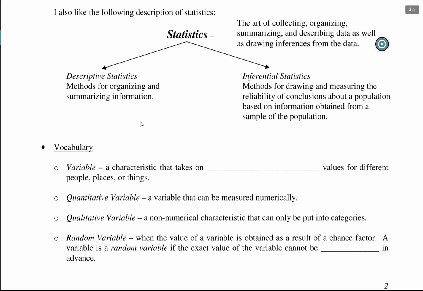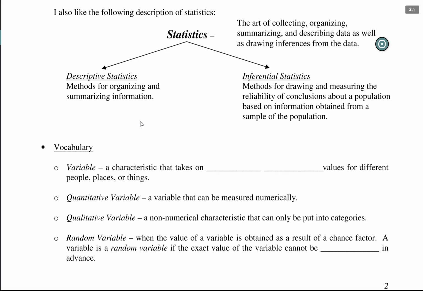And it's often broken up into 2 sections: descriptive statistics and inferential statistics. Now, descriptive statistics deals with, hey, you've got data, you want to organize it and you want to summarize it in a meaningful way. And that's going to be largely chapter 3 for us. Inferential statistics deals with drawing conclusions about a population based on a sample, and then also measuring the reliability of those conclusions that you draw about that population.